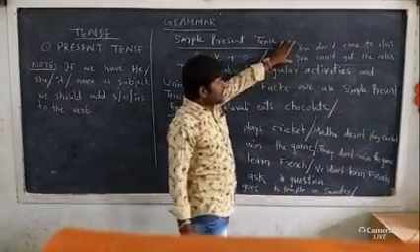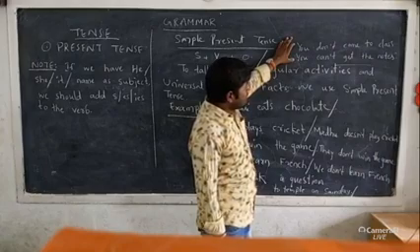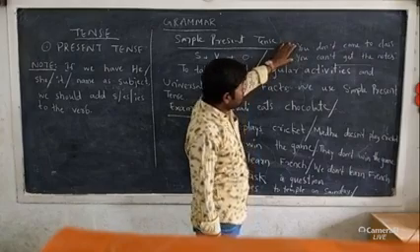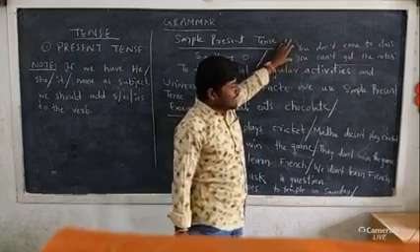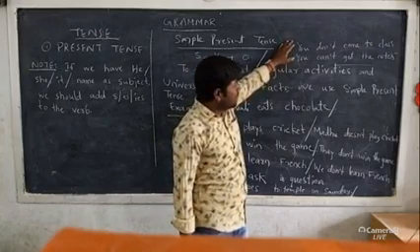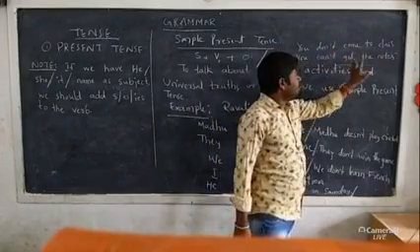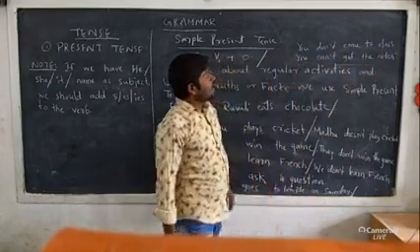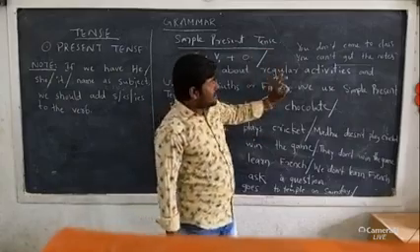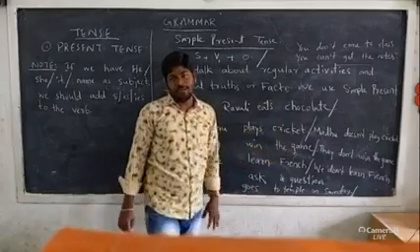So how can we add these two sentences? By using a conjunction, we should add these two. Suppose you don't come to class, you can't get the notes. Then, if you don't come to class, you cannot get the notes. That is the sentence. Clear?